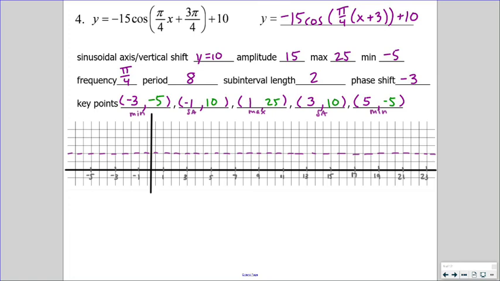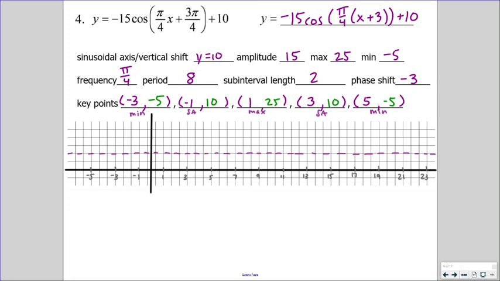That's because we have a phase shift that doesn't necessarily work nicely with the subinterval length and the way we scale the x-axis. So it's always best to drop your y-axis last when you've got a phase shift because sometimes it's not going to work out nicely. If you were to have put that y-axis say over here or something like that, you'd lose points. You want to drop it accordingly in the right spot, given the numbers that you have.